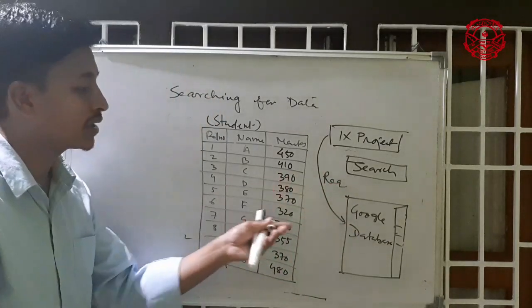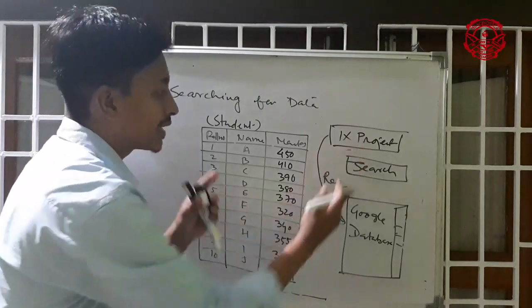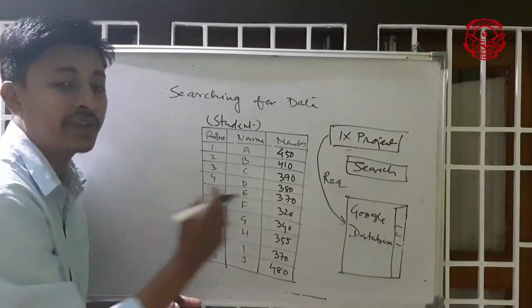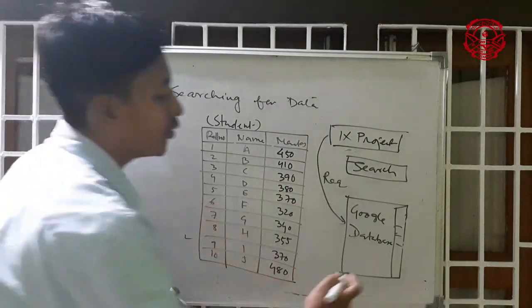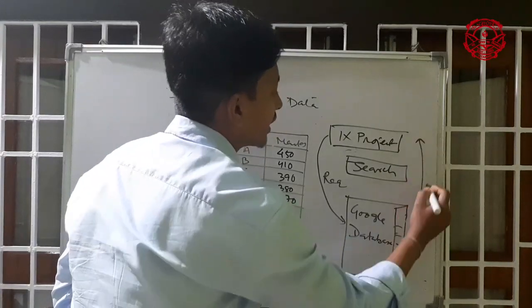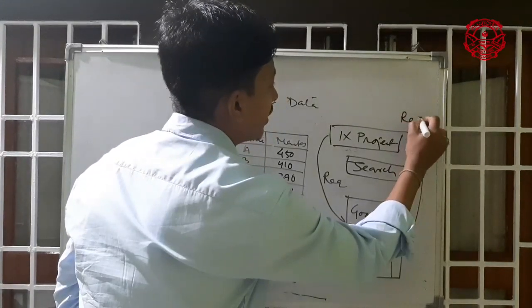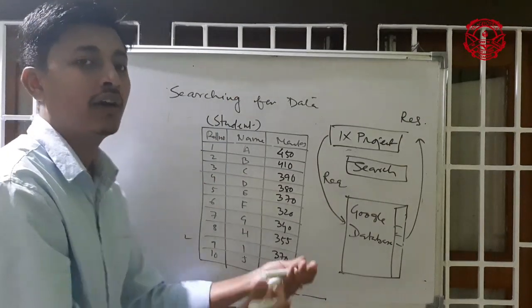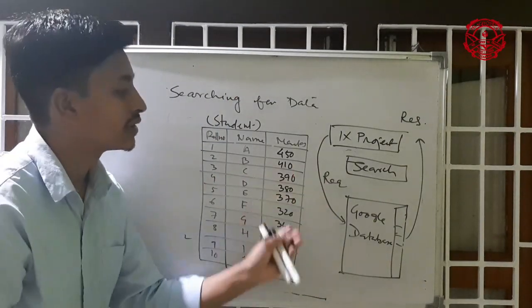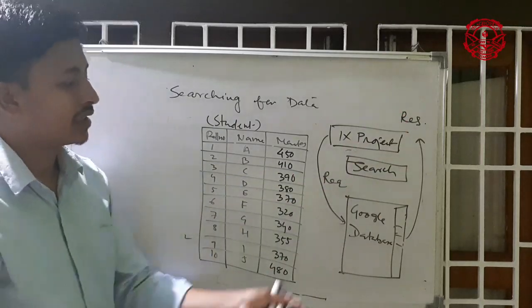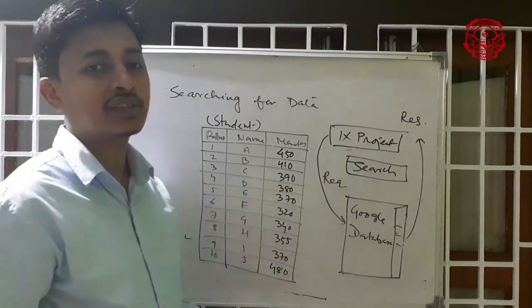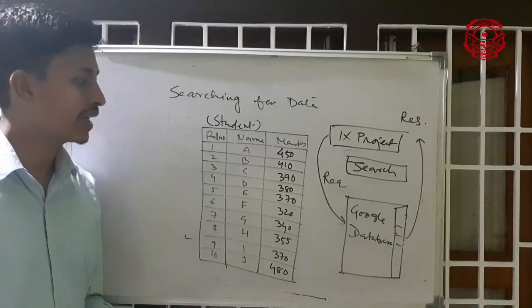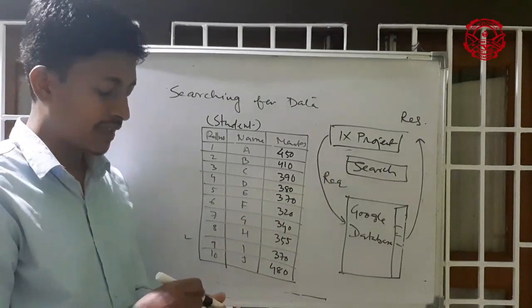You give a request to the Google server that I want a class 9 project. If it exists in the server, then Google gives the response. Response means it gives the downloading links or website links. That is called request and response. So that's why Google is very important nowadays. Okay, I think you may understand these things.